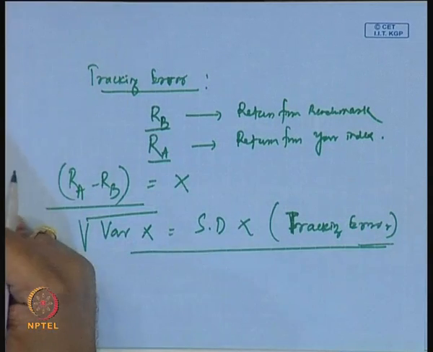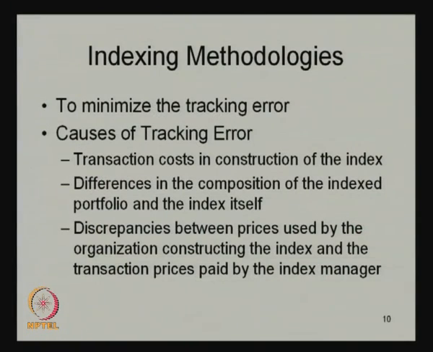Then why does this tracking error come about? What are the different causes of the tracking error? Tracking error occurs because of transaction costs whenever we construct the index, which may not be available to the benchmark. Also, differences in the composition of the indexed portfolio and the index itself.